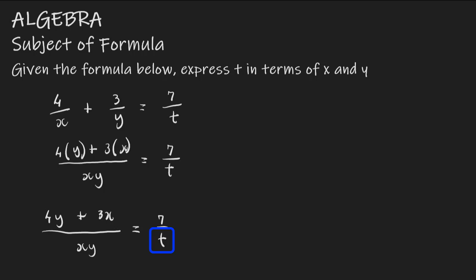T is in the denominator on the right-hand side of my equation. I need to remove t from my denominator. So I need to use the opposite operation to division, which is multiplication. And whatever I do on the right-hand side of my equation, I must do on the left-hand side of my equation. So I get t over 1 times (4y plus 3x) over xy is equal to 7 over t times t over 1.